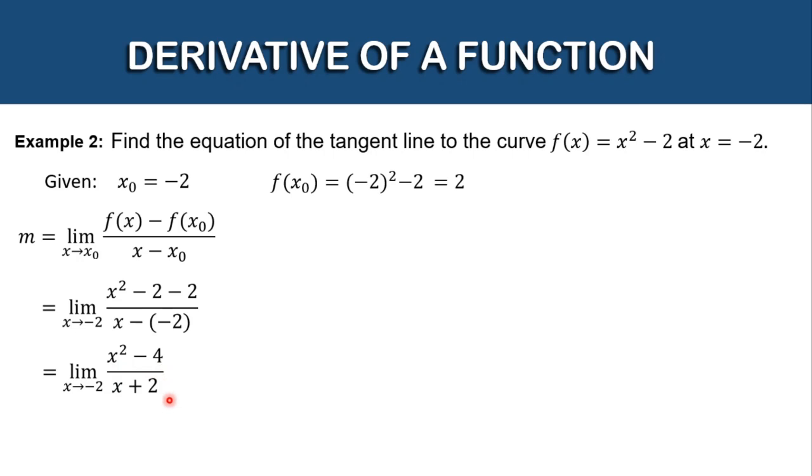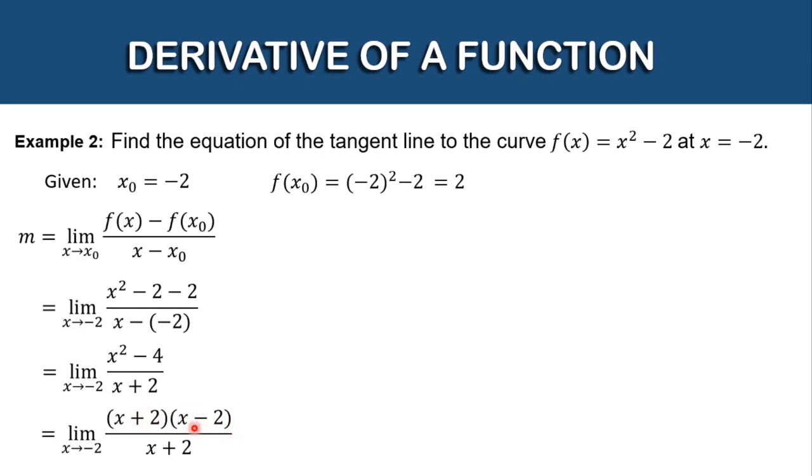So again, hindi natin pwedeng gawin yung direct substitution dito because we are going to have 0 in the denominator and that will make this undefined. So the only thing that we can do here is to find the factors of our numerator dahil factorable naman siya. So the factors are x minus 2 and x plus 2.